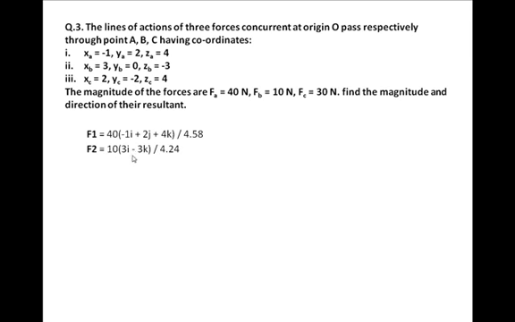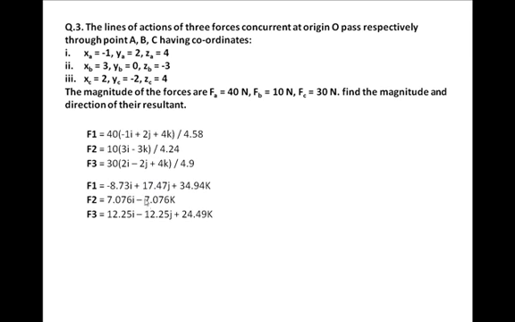Similarly, if we say the magnitude of F2 is 10, then we can express F2 as a vector in exactly the same way: 3i minus 3k is here, and 4.24 is nothing but the square root of 3 squared plus 3 squared. Similarly, we write F3, and then the resultant will be simply the addition of F1, F2, F3.